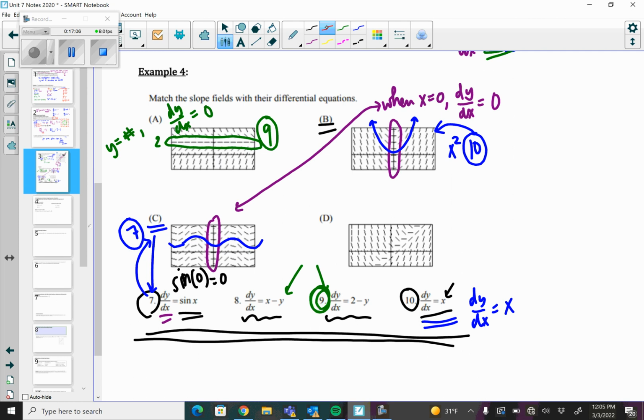Let's check to see if that makes sense then for D to be this guy here. We notice again we have our slopes of 0, dy/dx is 0 when we're looking at this diagonal line when x is equal to y, which kind of checks out for our differential equation there. So we have matched 9, 7, 10, and 8.